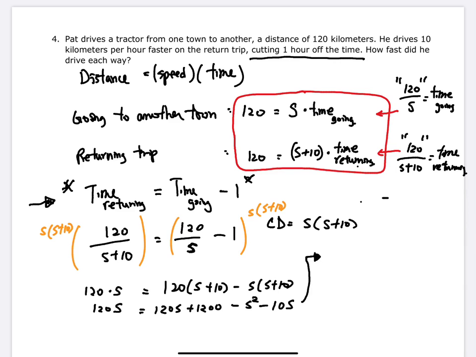From here, notice we can get rid of quite a few things. Check this out. That can just be canceled out. So what we end up having is 0 equals negative s squared minus 10s plus 1200.